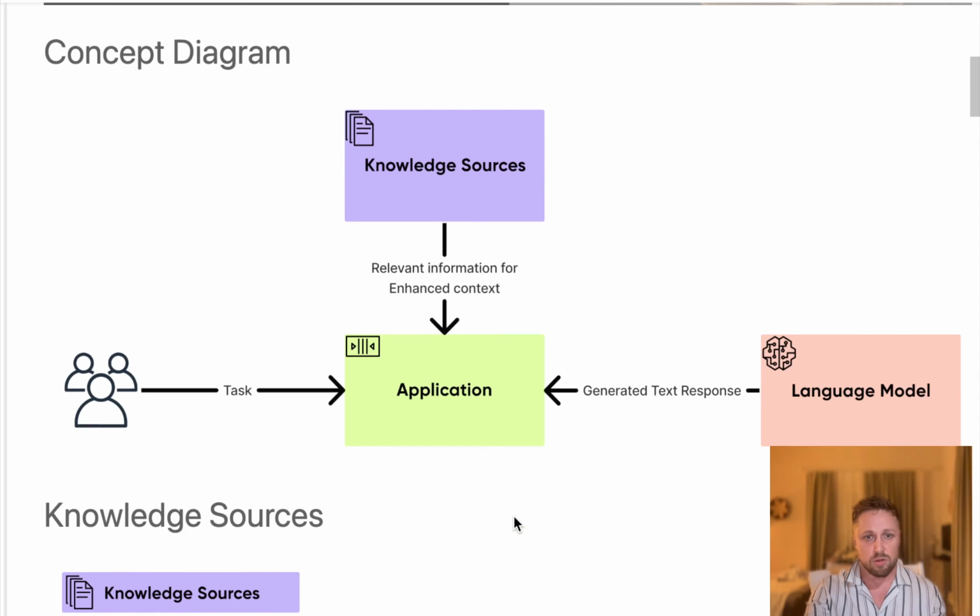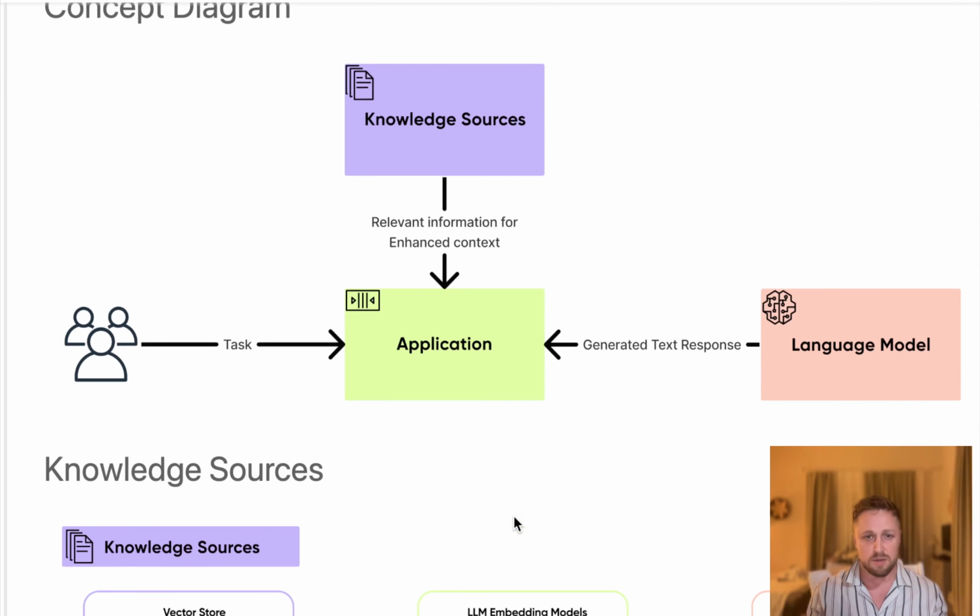So this solution includes, just as a recap, even if you didn't see the first part, just pause this video and take a look at the previous episode. But just for a recap, we have several components.